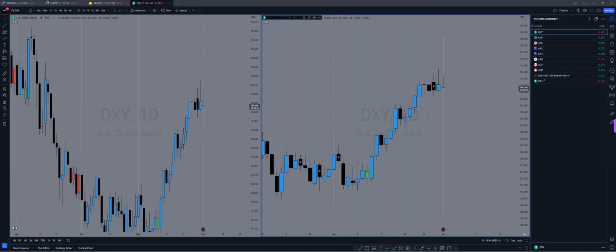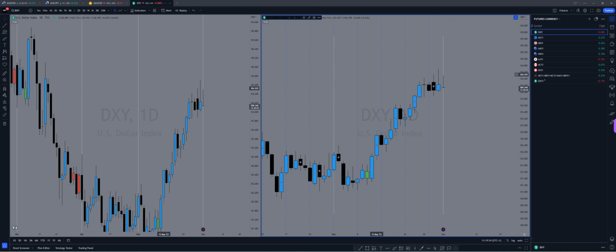But in my opinion, if you come onto the futures market and see that there's a strength difference between Aussie and yen, it gives you confidence in your trade that because yen is weak and Aussie is strong, your trade is going to move in your direction. Okay, so let's jump into it.